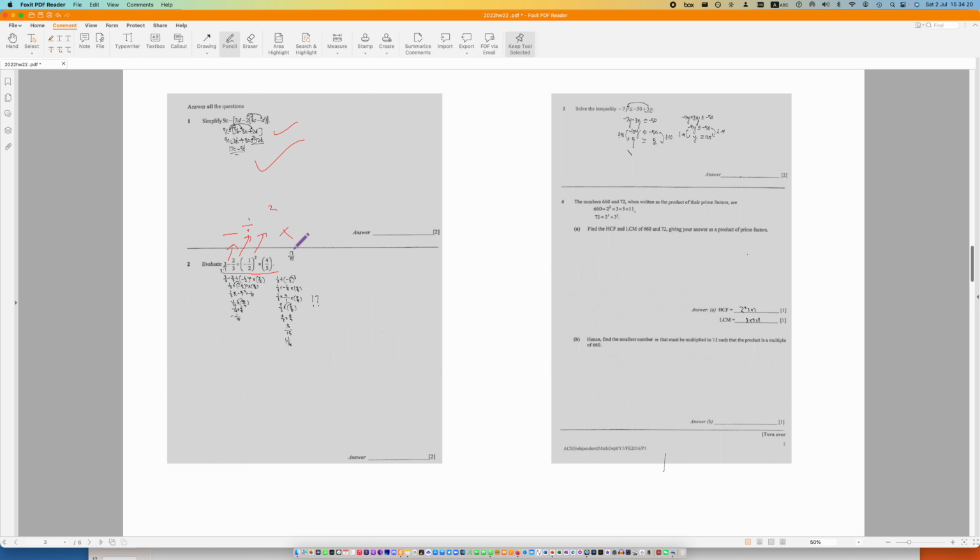You don't make this P3 mistake. Times and plus, times first. Bracket and times, bracket first.